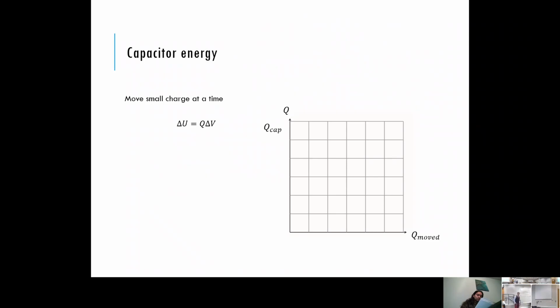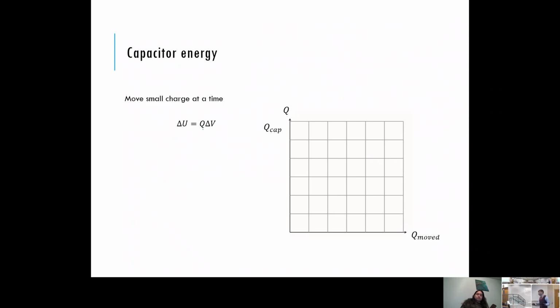So the question is, how much energy is actually stored? I'm going to go back. Let's start off with our relationship between the change in potential energy and a change in potential. The change in potential energy is simply the change in potential that a charge Q moves through. So if I move Q through a potential of V, this will tell me how much potential energy has been gained or lost. Of course, that depends on whether it's rolling downhill or uphill.